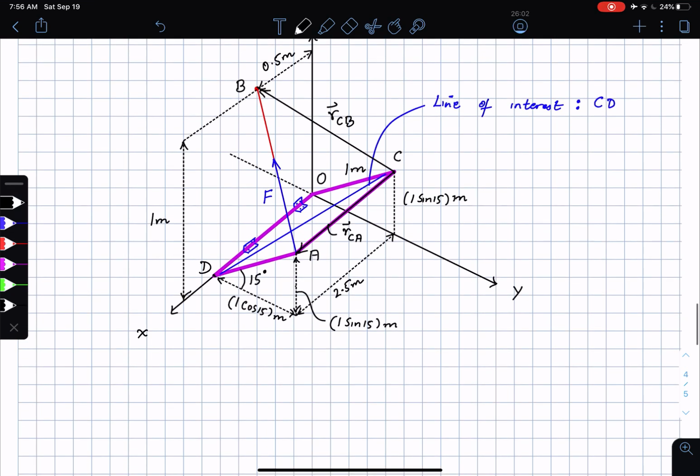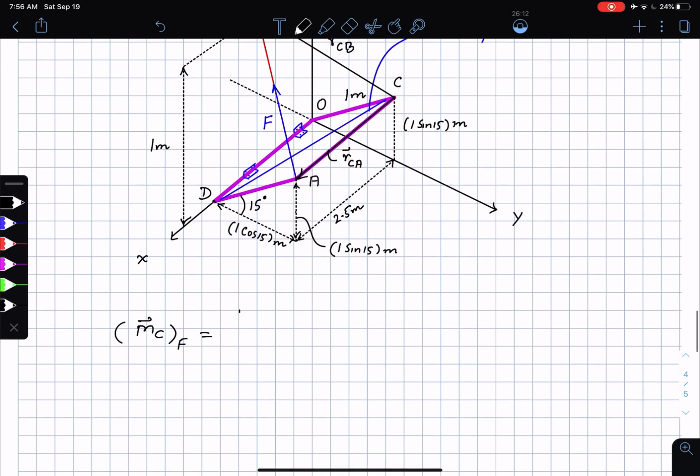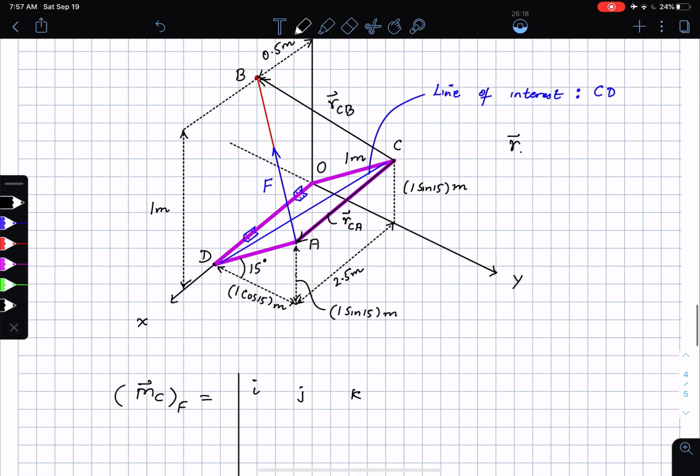Here is what I'm going to be doing. So a moment about C due to the force F. If I'm choosing the point A and the point C, and if I'm doing it as RCA, here is what I'm going to end up getting. So this is ijk, and then position vector RCA is the coordinates of A minus the coordinates of C. It's very obvious to see that point C and point A are on the same elevation and on the same location in the y direction.